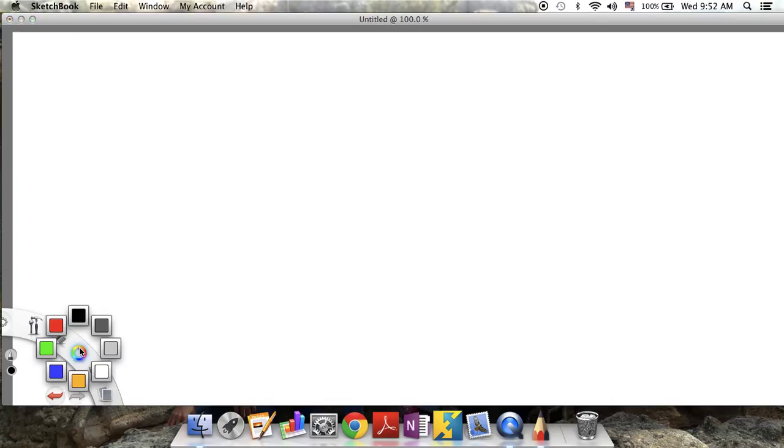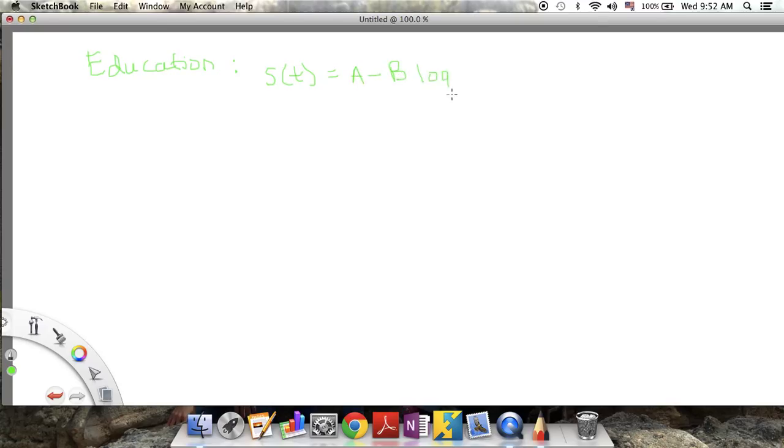Now, in education, we have something called forgetting curves. Someone did research and actually put an equation to how quickly you forget information. So we have this equation, S of t. Remember, this is not multiplied. It's just saying that S is a function of t, equals A minus B times the log of t plus 1.